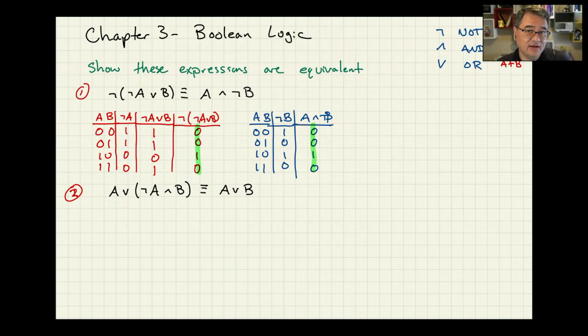So you try that now for number 2. Go through the same procedure, see if you end up with the same thing. Now, the one on the right is easy to do, so I might as well just do that one for you. You work on the left-hand one.